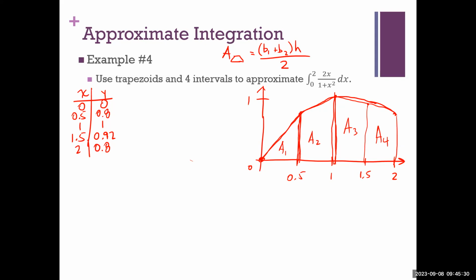So have people seen this formula for the area of a trapezoid before? Do we know why it works? Basically, you're transforming a trapezoid into a rectangle. A trapezoid has a height, according to that formula. It has two different base lengths, but if I average them together, then I can treat the thing as a rectangle.